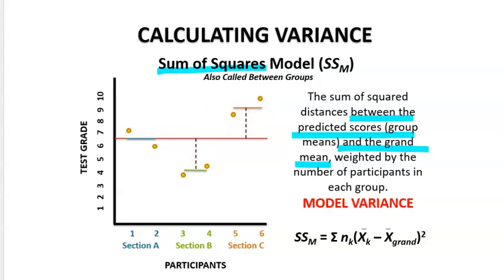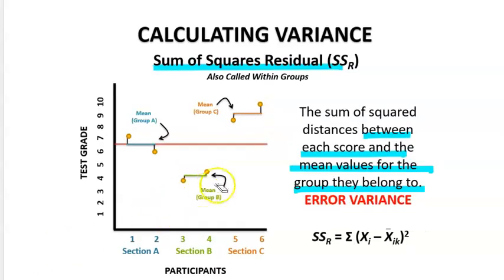And now we also have to calculate the error, because each individual score can be close to the mean of its group, or very far away. We have to take that kind of error into consideration, because if the mean of each category is very different from your individual scores, that is much more error, and you cannot say anymore that it represents the category. So this is exactly the same way as a regression test.